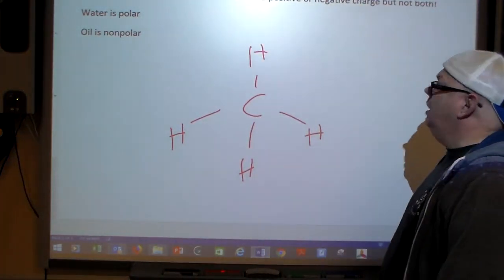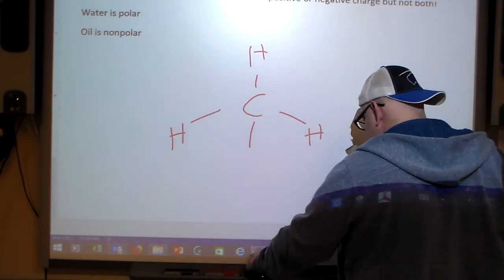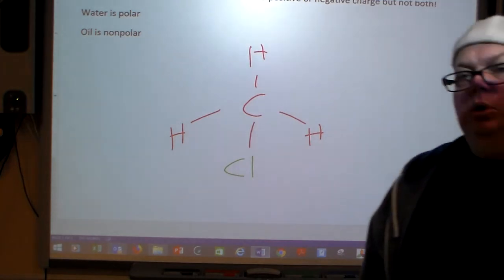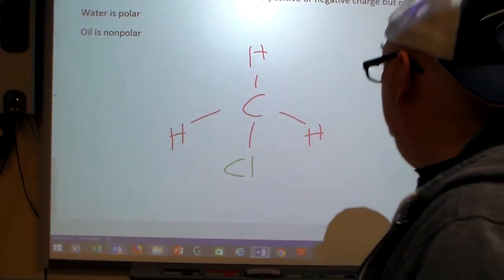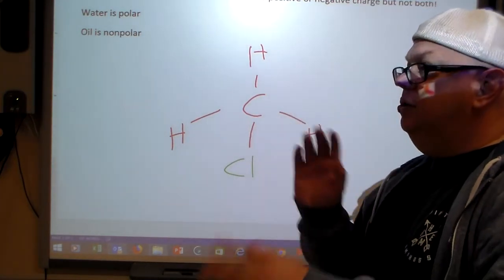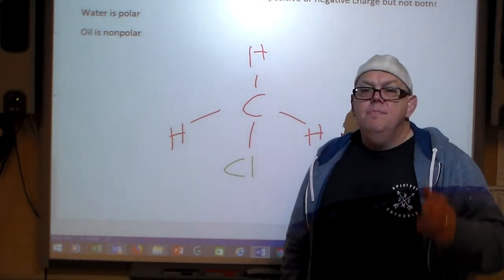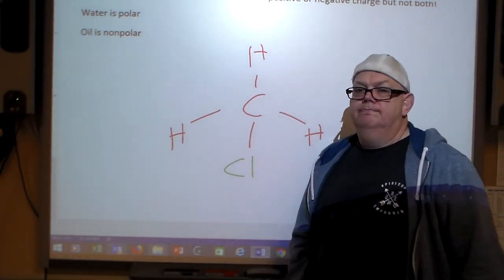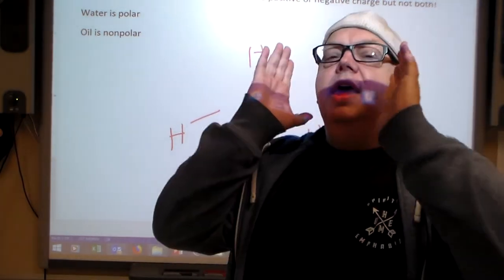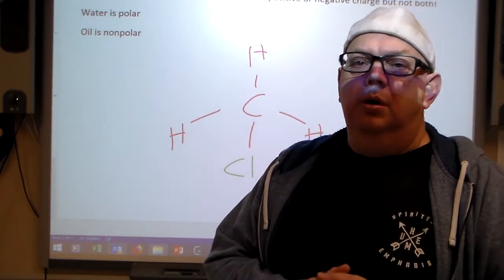Oh, yes, nonpolar. Now, what happens if I turn around and I erase this and I put a Cl? Does it become polar or does it stay nonpolar? Look around the edges. Are all the edges the same? Yes or no? No, we got a chlorine there, and guess what? That makes it polar. Okay, so hopefully this is going to show you guys how you can look at a molecule and be able to tell if it's polar or nonpolar.